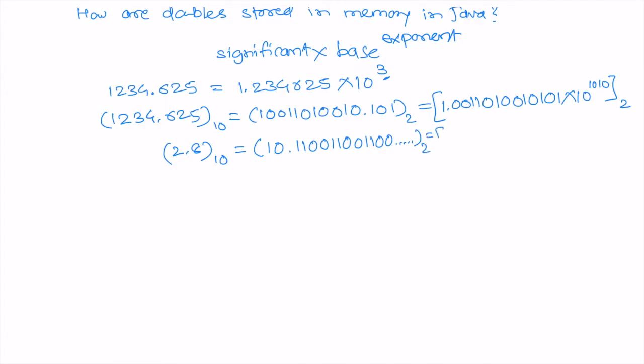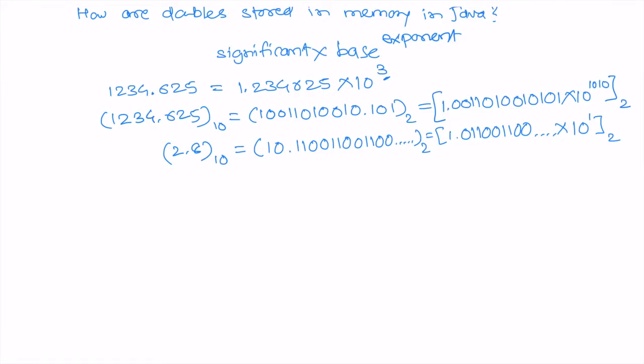In our format, we can represent this as 1.011001100... times 2 to the power 1, because we only moved the decimal point one place to the left. And this is how 2.8 can be represented in binary.